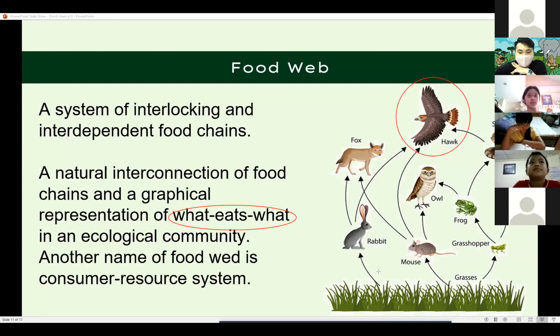So fox eats rabbit. Rabbit eats grass. Hawk eats mouse. Mouse eats grass. Or we can say grass is eaten by rabbit. Rabbit is eaten by fox. Grass is eaten by rabbit. Rabbit is eaten by hawk. You understand? Yes. Very good.